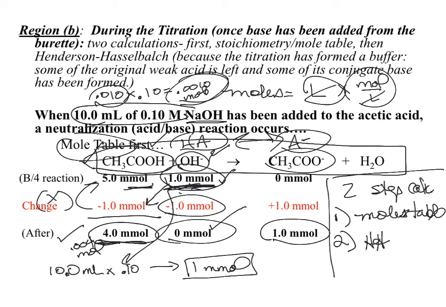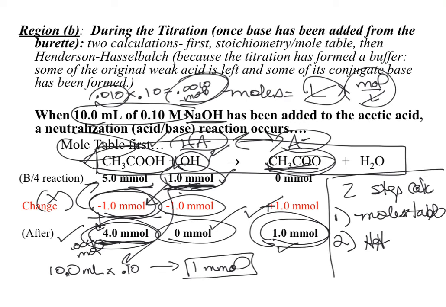Because the stoichiometry is all 1 to 1 to 1, your original moles of the weak acid is going to go down by x, and it's going to be plus that amount for the conjugate base. So now we have the moles of both the conjugate base and the original weak acid, and we're going to plug those values into the Henderson-Hasselbalch equation.